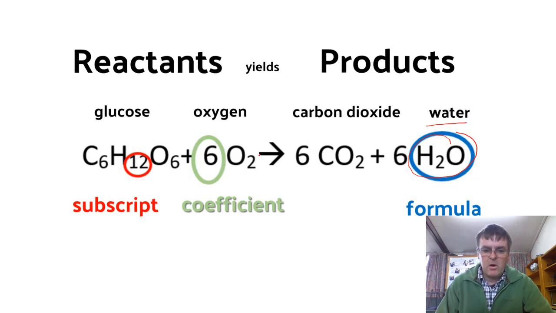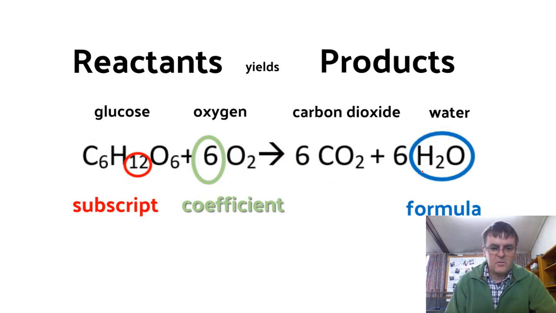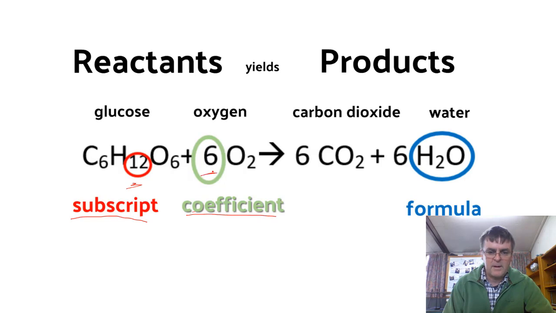The arrow tells us which way the reaction is going, so we've got reactants on this side and the products over here. But what we're really interested in now are the other bits around the formula: the subscript, this little number here, and the coefficient, which is the big number in front.